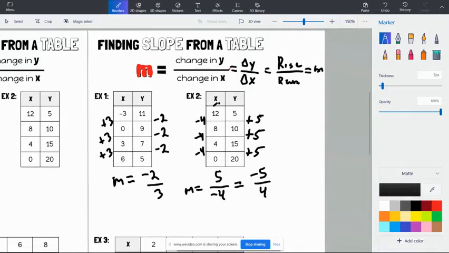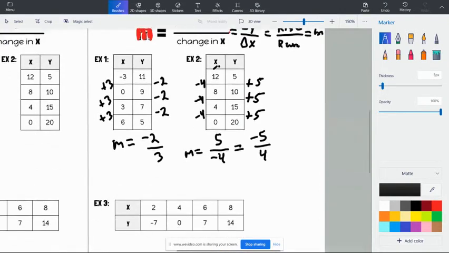In your calculator, 5 divided by 4 is going to be 1.25, I think. Yeah, 1.25. So if you do 5 divided by -4, you get -1.25. If you do -5 divided by +4, you get -1.25. So those values are equal. It doesn't matter where the negative sign is. It's just nice to have it in the numerator.